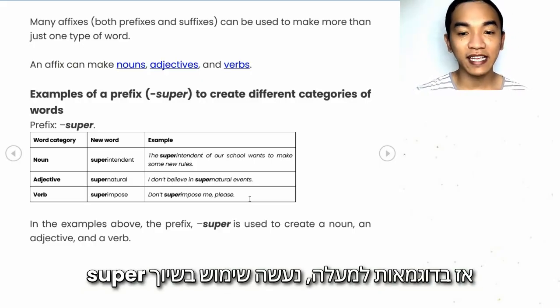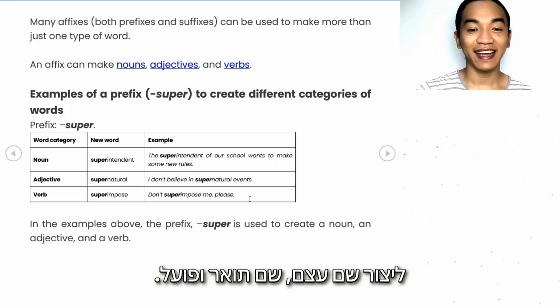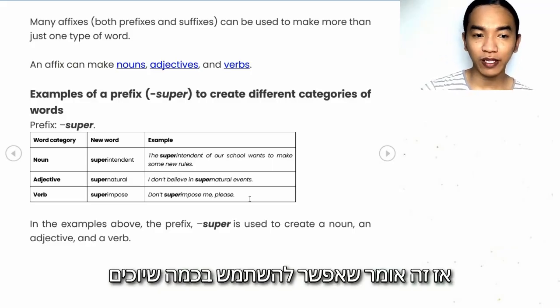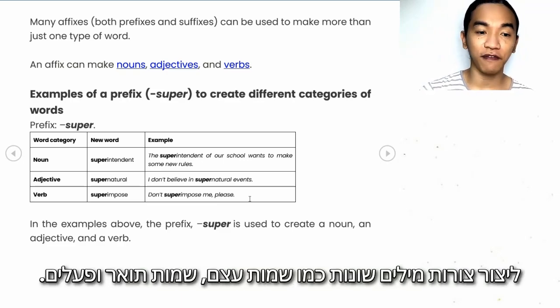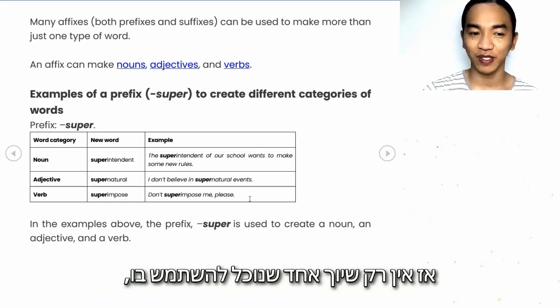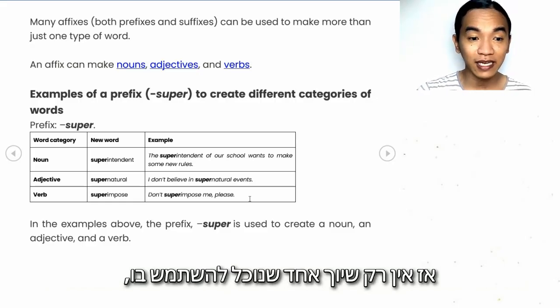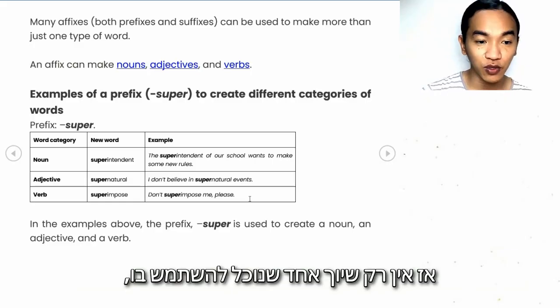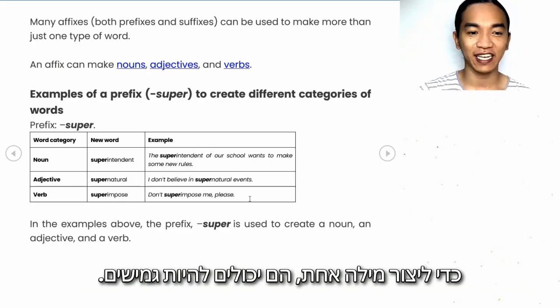Okay, so in the examples above, the prefix super is used to create a noun, an adjective, and a verb. So it means some affixes can be used to make different word forms like nouns, adjectives, and verbs. So there is no single affix that we could use to make just a single kind of word. They could be flexible. Okay.